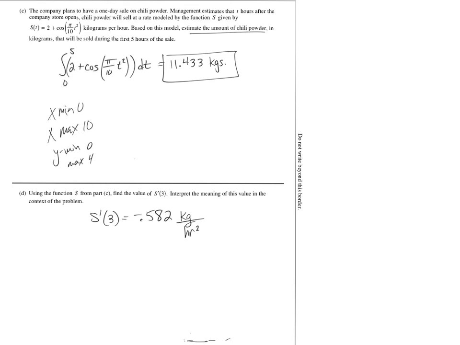So if we wanted to come up with a sentence for that, we want to start by saying the rate, because a derivative is always a rate. And before we had the sale of chili powder in kilograms per hour. So we'd say the rate of change in the rate that chili powder is being sold in kilograms. We should probably put the number there.